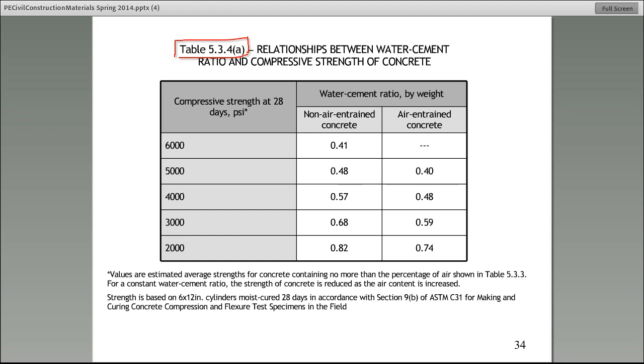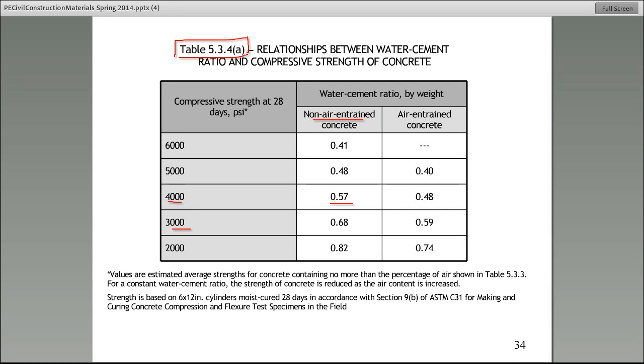Therefore, we need to interpolate between 4,000 and 3,000. Basically, since we're doing non-air entrained, if it were 4,000, it would have been 0.57. If it were 3,000, it would be 0.68.